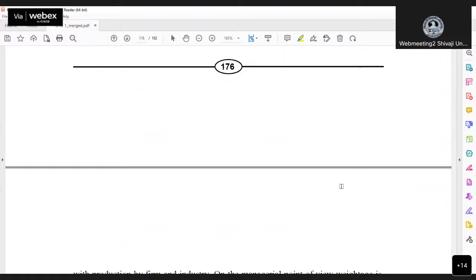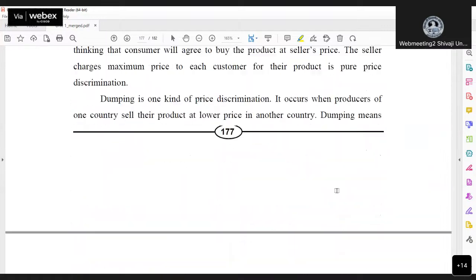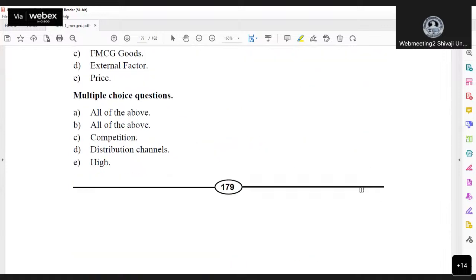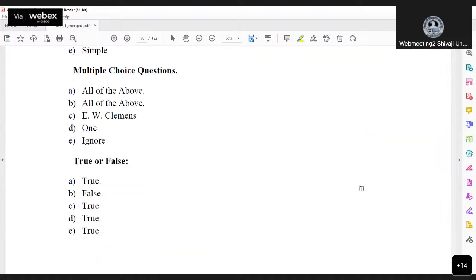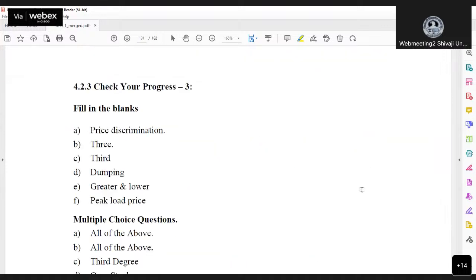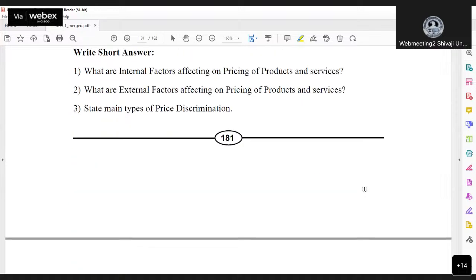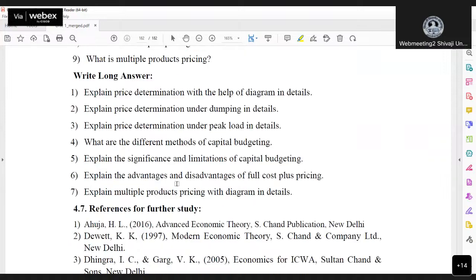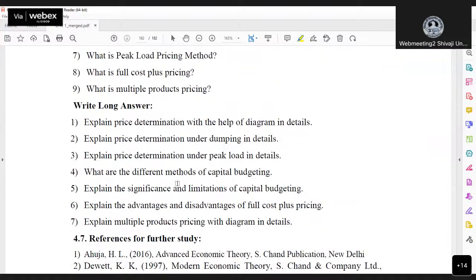Say again, the summary part of chapter number 4, glossary, and try to focus, instead of true-false, fill in the blanks or multiple choice questions, on short answer questions and long answer questions. These two types of questions are very important from your examination point of view.